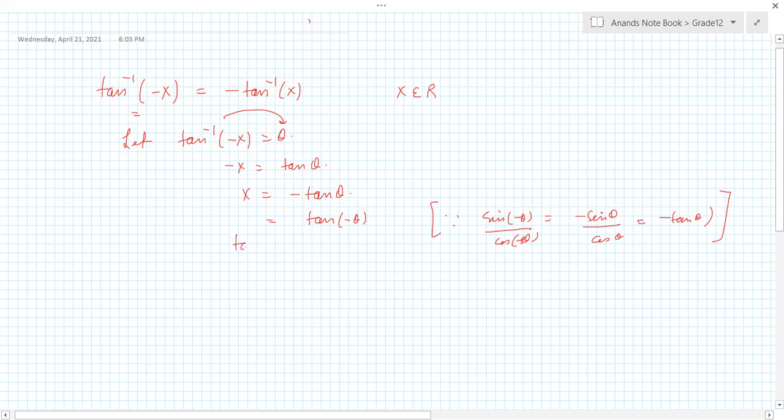That means tan inverse of x is equal to minus theta, or theta is equal to minus tan inverse of x. So I have theta here. I got this result here. I will put it in 1.